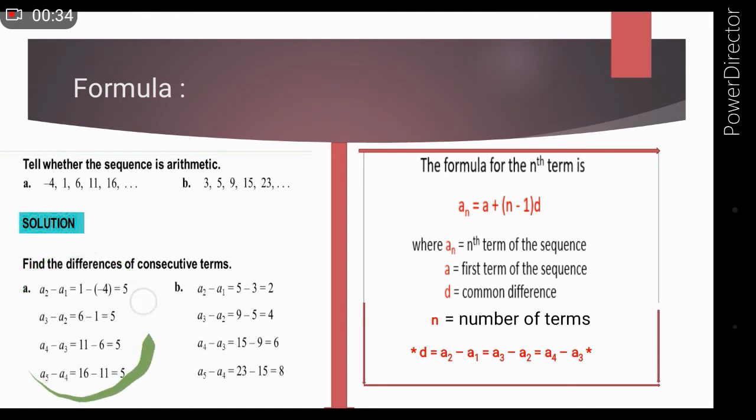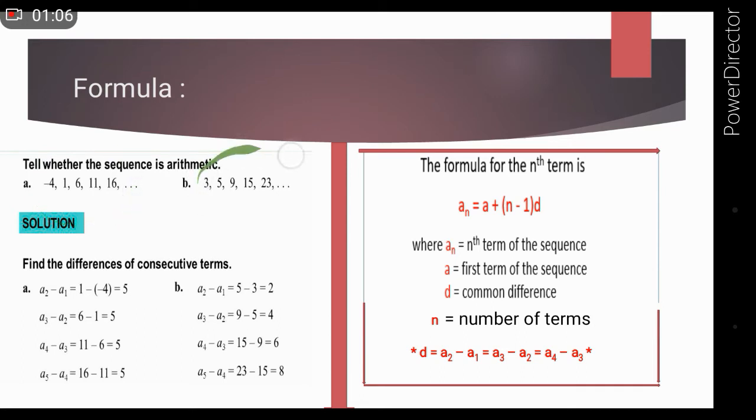It means you have to subtract the previous term from the following one. A2 minus A1 is 5, A3 minus A2 is also 5, A4 minus A3 is 5 and A5 minus A4 is 5. You can see the difference between each term is constant, which is 5. So this sequence is an arithmetic sequence.